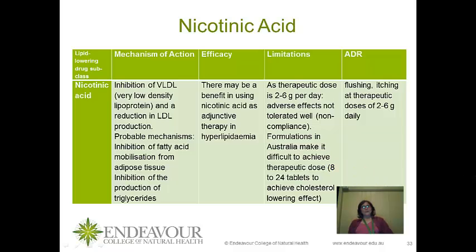Once again, with any medication, it will produce adverse effects, especially when taken at that therapeutic dose of 2 to 6 grams per day. This will manifest as flushing and itching in the skin.